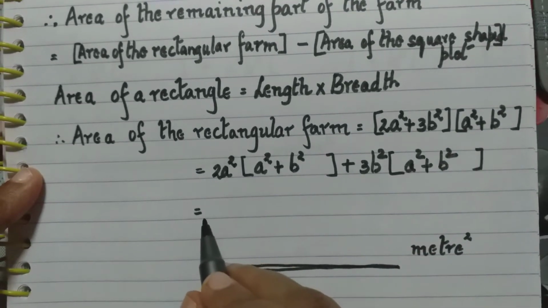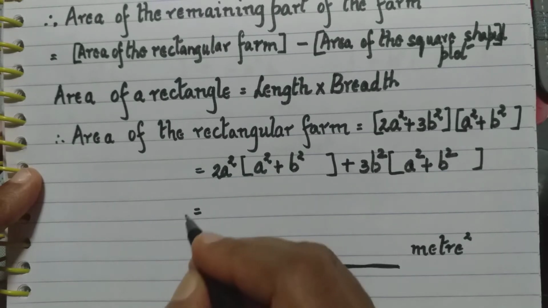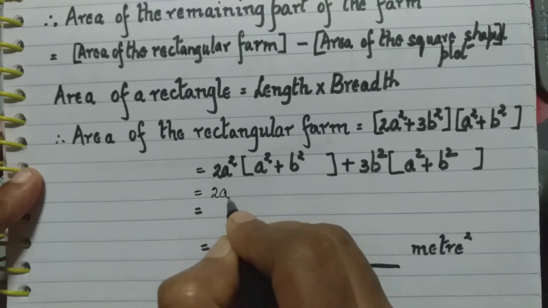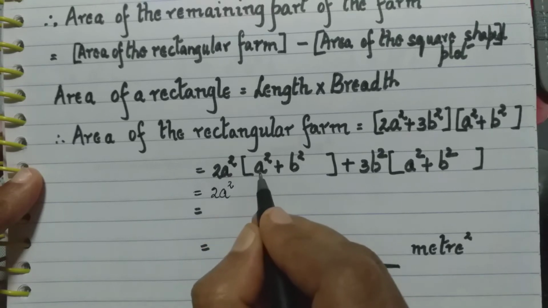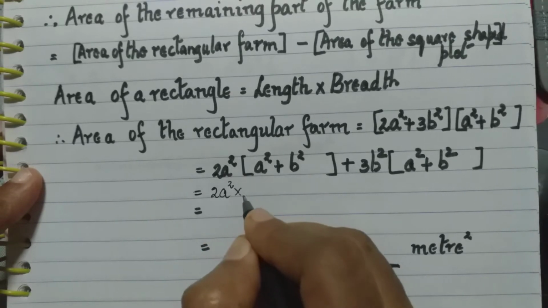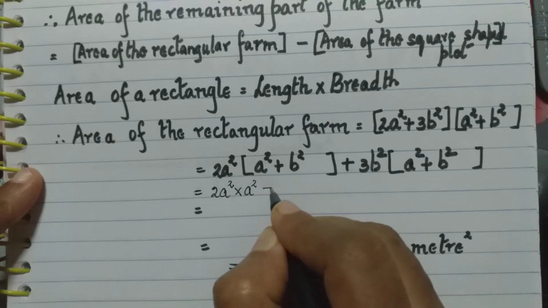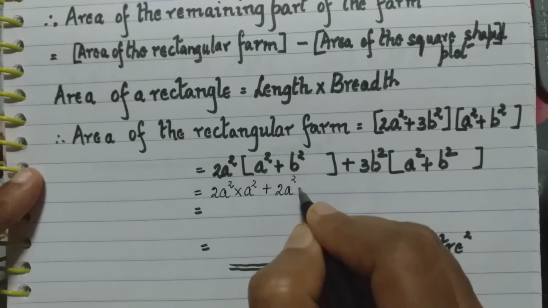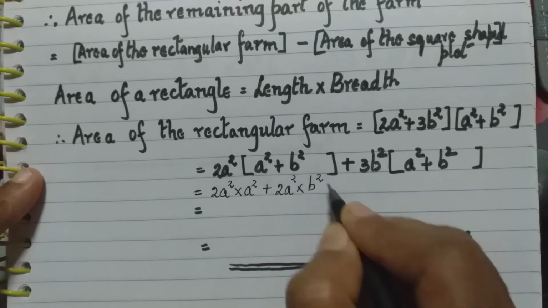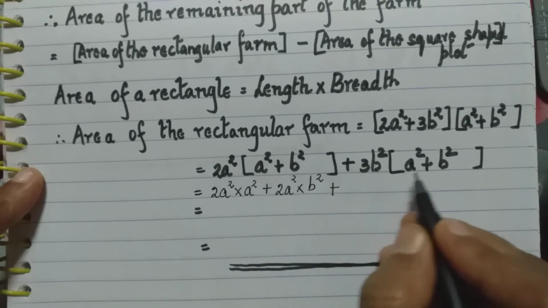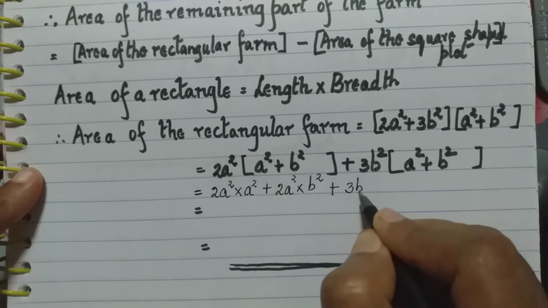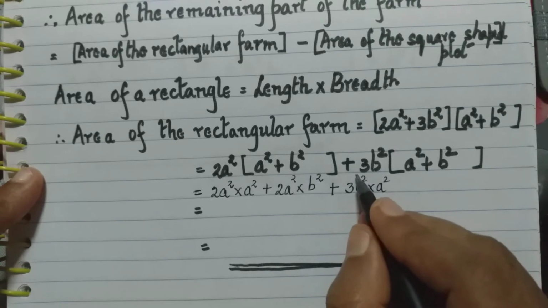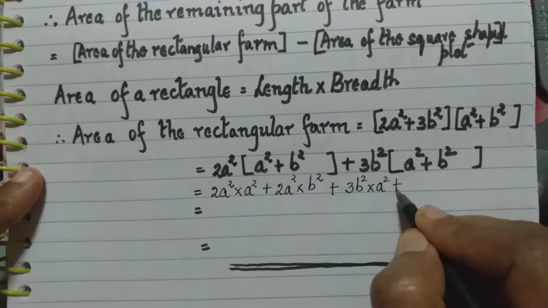So this is equal to 2a square into the first term a square plus 2a square into the second term b square, plus 3b square into a square, 3b square multiplies with the first term, plus 3b square into the second term.